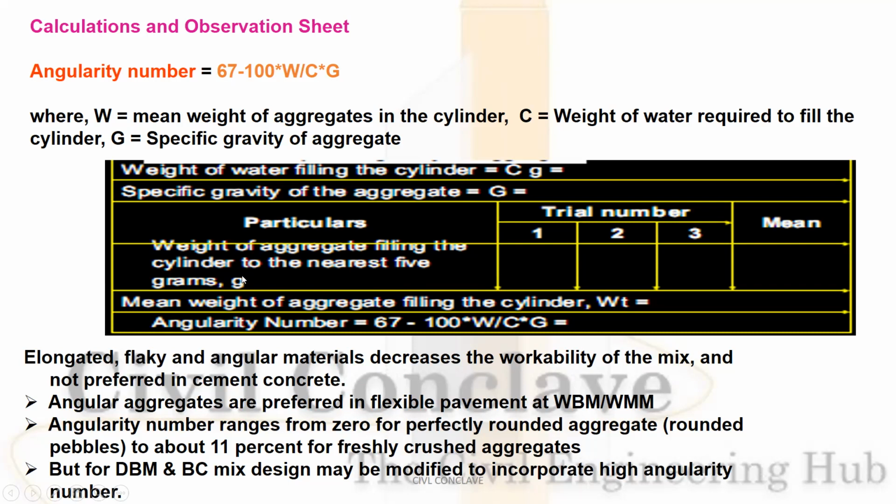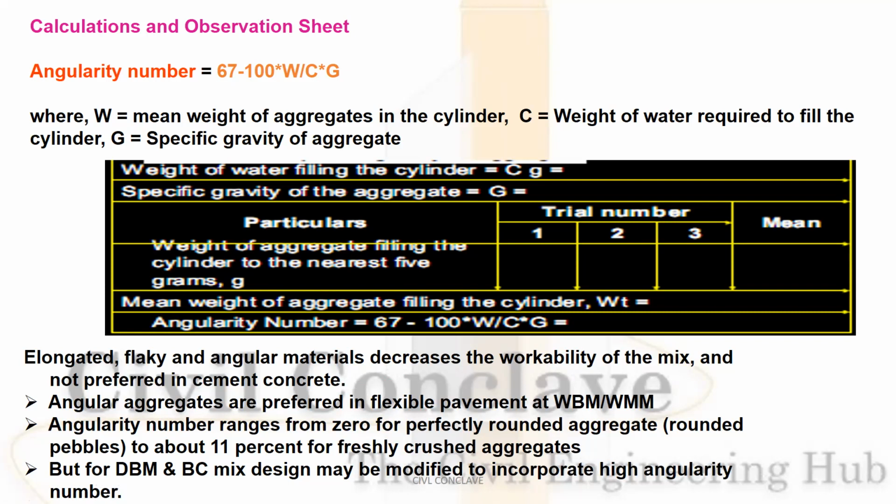This is the methodology of how to create an observation table. Flaky and angular material decreases the workability of the mix and is not preferred in cement concrete. Angular aggregate is preferred in flexible pavements such as WBM, WMM.